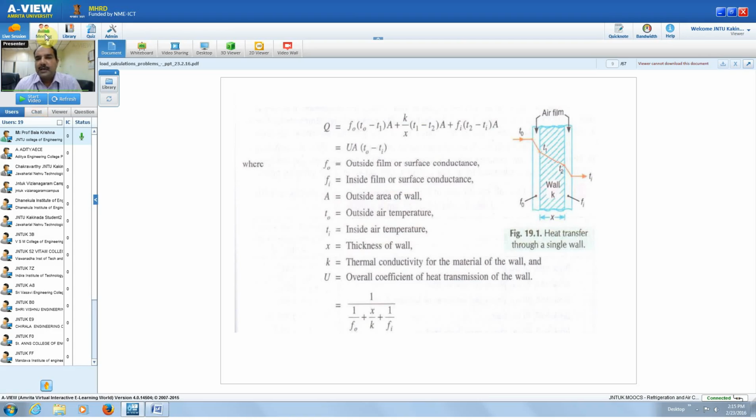The figure shows the wall area and how the heat is transferred from To.